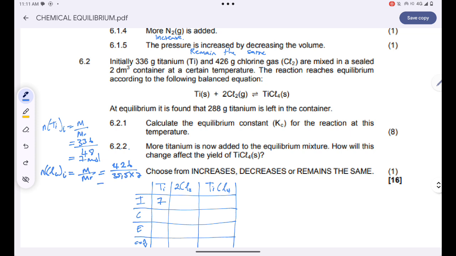This will just give me 6 moles. So initially I had 6 moles of chlorine, but at the beginning of the reaction, guys, I did not have any amount of products. So over here I'll simply have 0 moles of my titanium chloride.